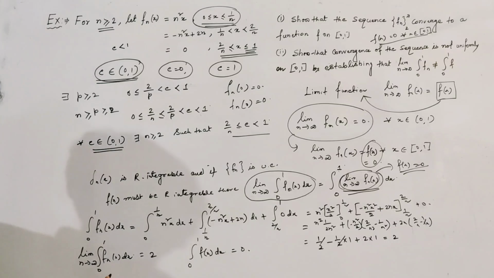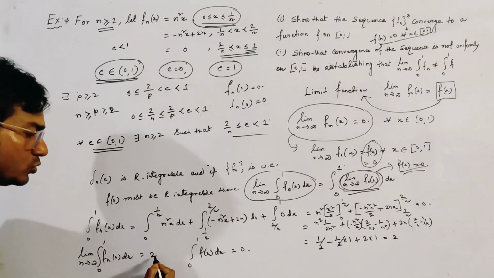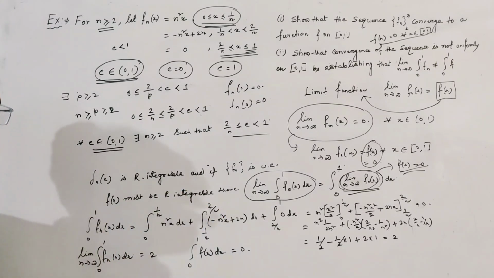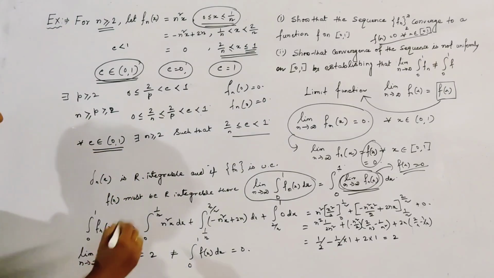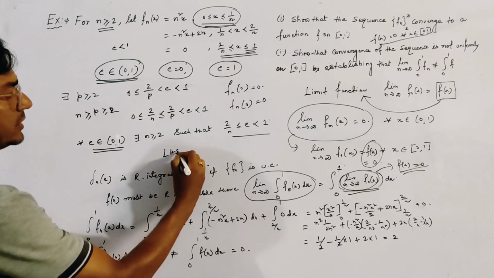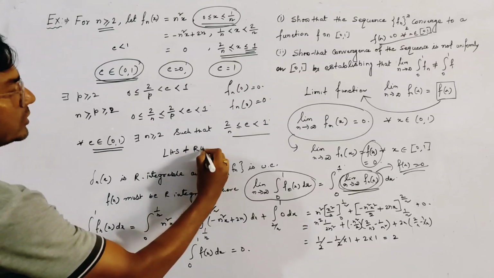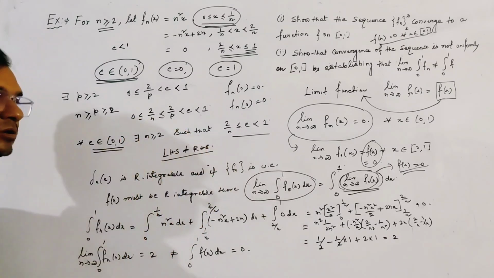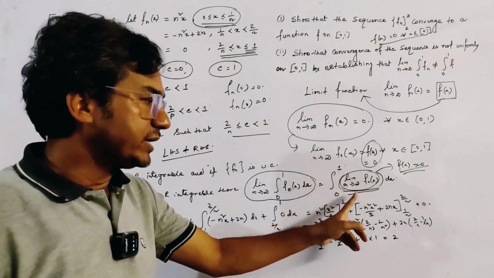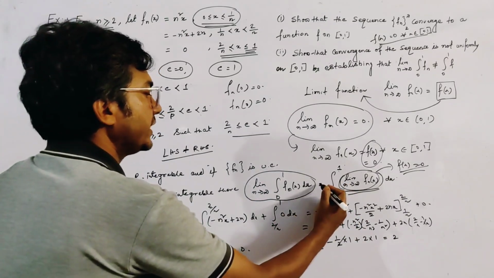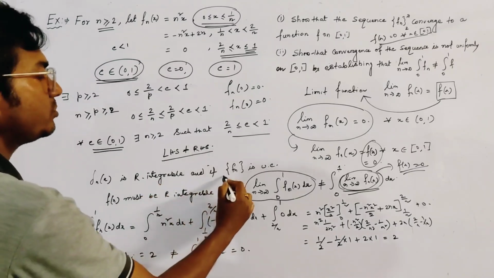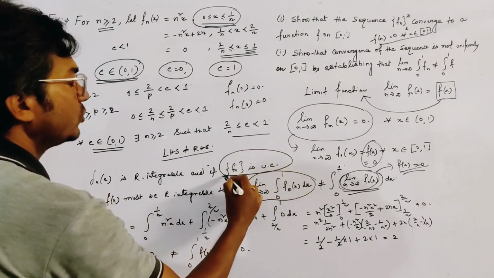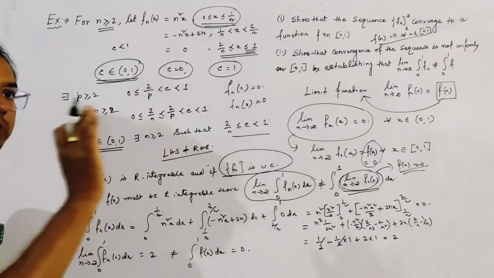So we can write this integration equal to 2, but this integration is 0, that is not equal. So the left hand side is not equal to the right hand side. Okay, and since the left hand side is not equal to the right hand side, we say that this sequence of functions must not be uniformly convergent.